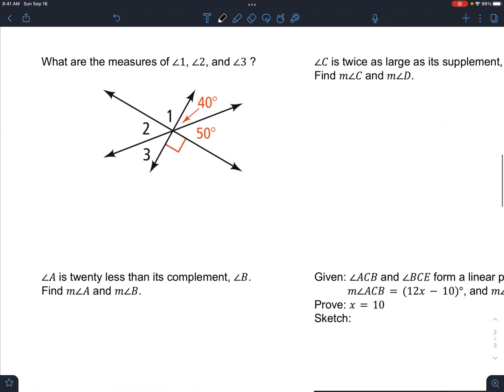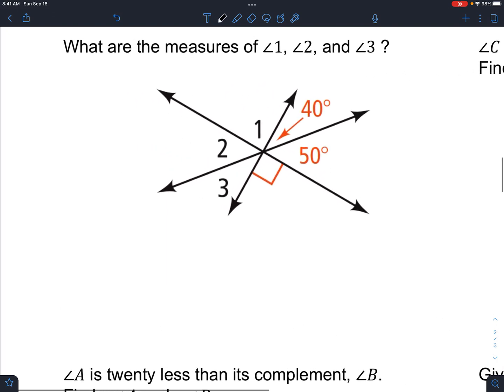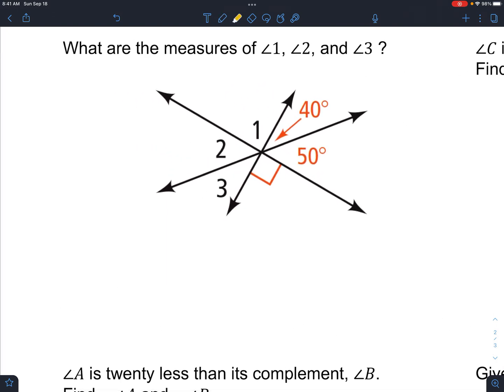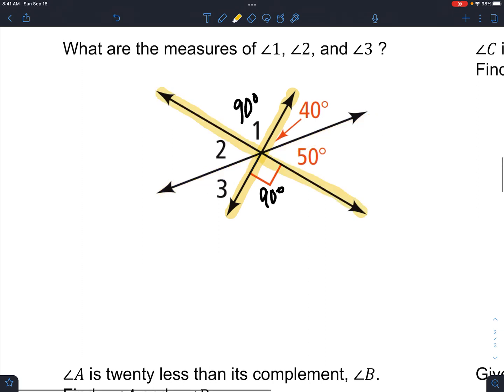Okay. This is a good one, just a quick one, just to get us remembering what vertical angles are. This 90-degree angle is vertical to angle 1. Okay. Remember, it makes that x, and it's the opposite sides of the x. So if I erase one of these and fill in this one, oops, I think I erased the wrong one.